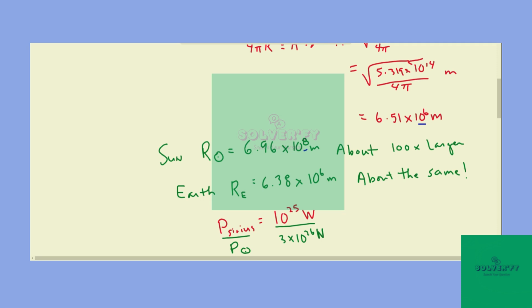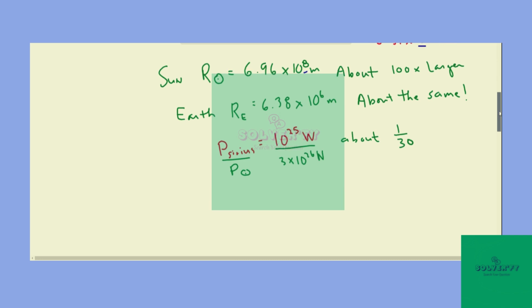So the white dwarf, although very hot, is not putting out that much power. So that ratio is about 1 to 30 in favor of our sun.